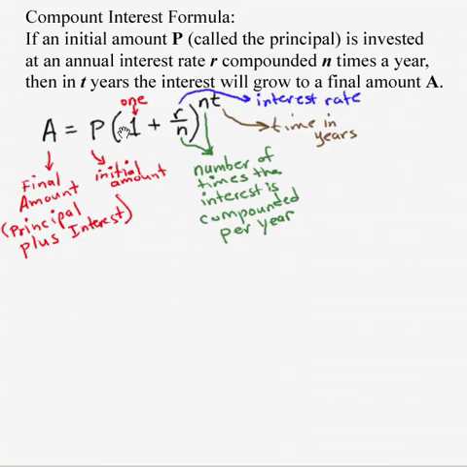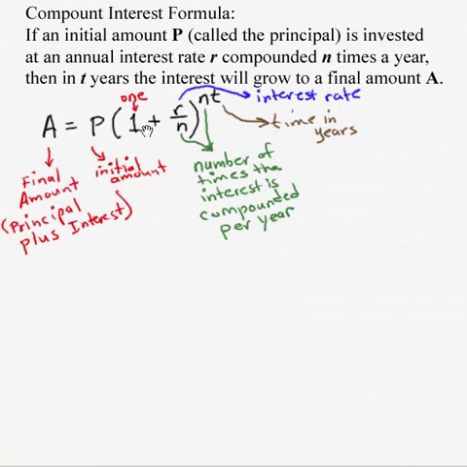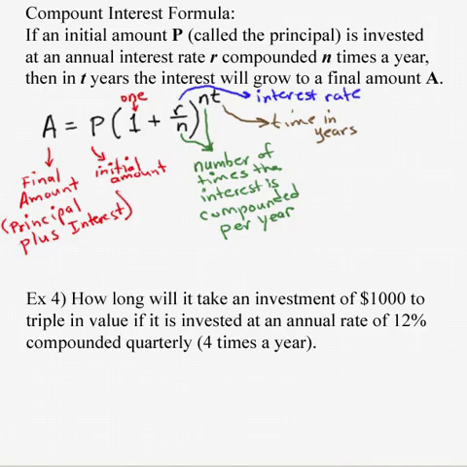In this formula, that's the number 1, in case you couldn't tell. Plus R divided by N. R is the interest rate. N is the number of times the interest is compounded per year. And that quantity is raised to the NT power. N is still the number of times we're compounding the interest per year. T is the number of years.